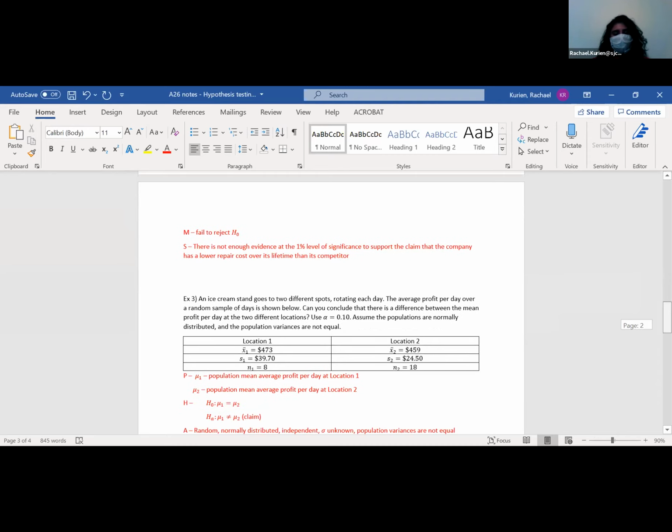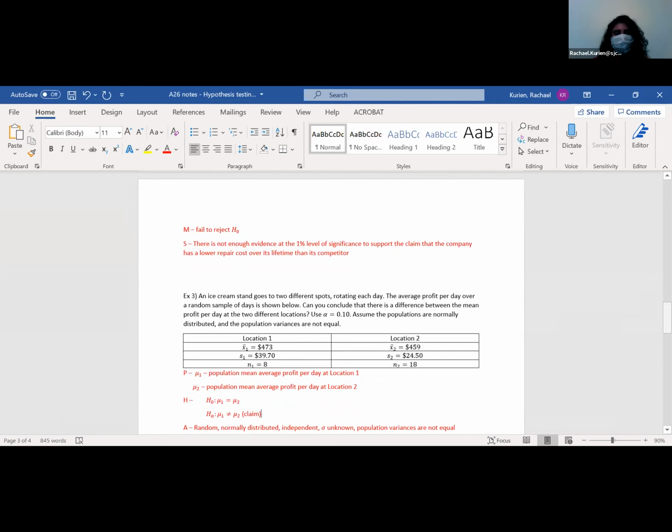All right, now to our assumptions. We know that it's a random sample. We know that the populations are normally distributed. And again, location 1 and location 2 are independent because it says 2 different spots.